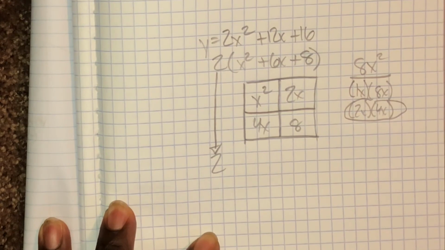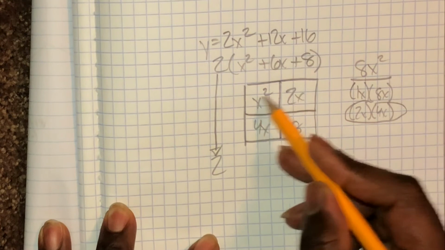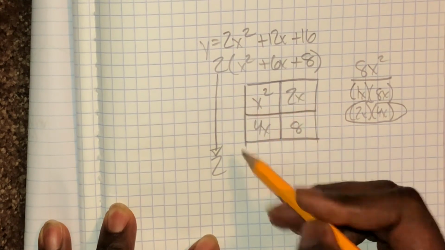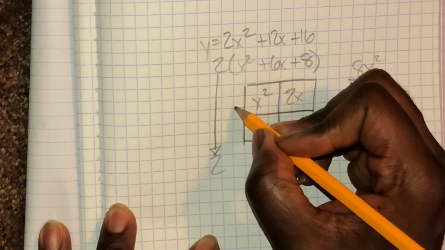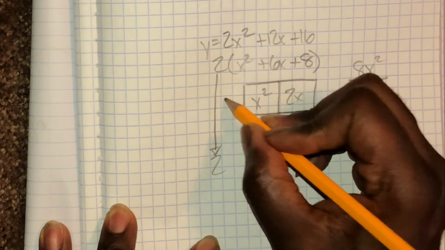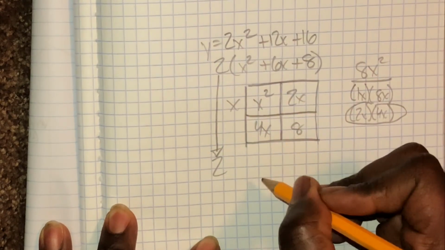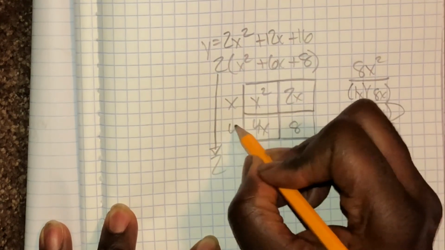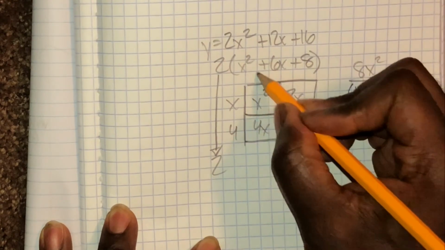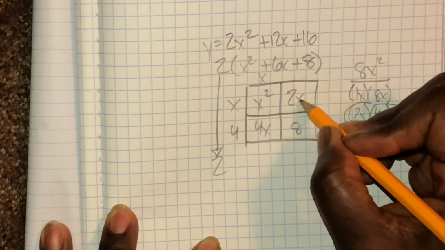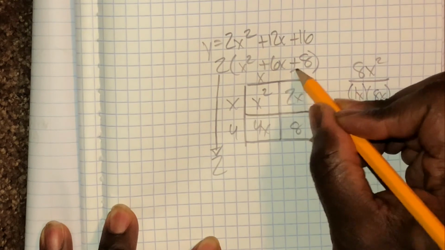Now I'm factoring out everywhere. What can I take out of these? What factor do they share? Only the x. Here we can factor out a 4. Going up, only x. Going up, they are both divisible by 2.